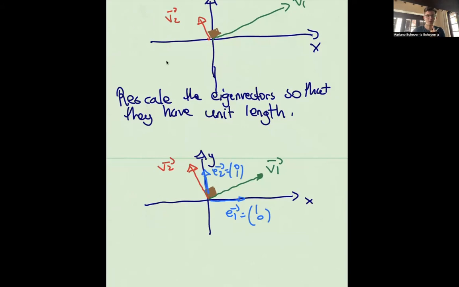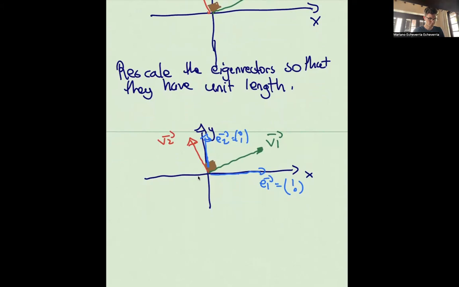This is a little overcrowded, but I have to make them the same length also. Let's say that theta is the angle between V1 and E1 in this picture.